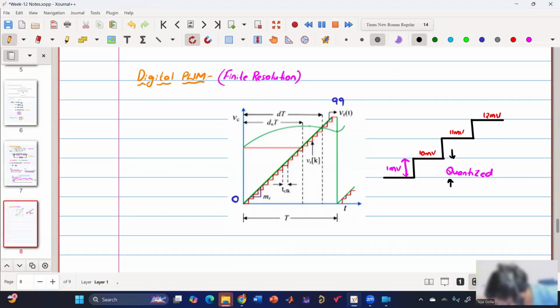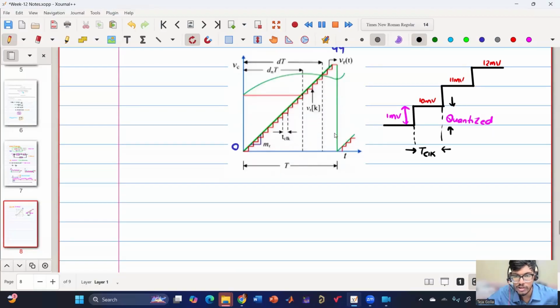Now, this is the clock, T clock, at which we are updating the counter. The counter is updating at some main clock. Say I am using T clock to be 10 nanoseconds, and I want the switching period to be 1000 nanoseconds or 1 microsecond.